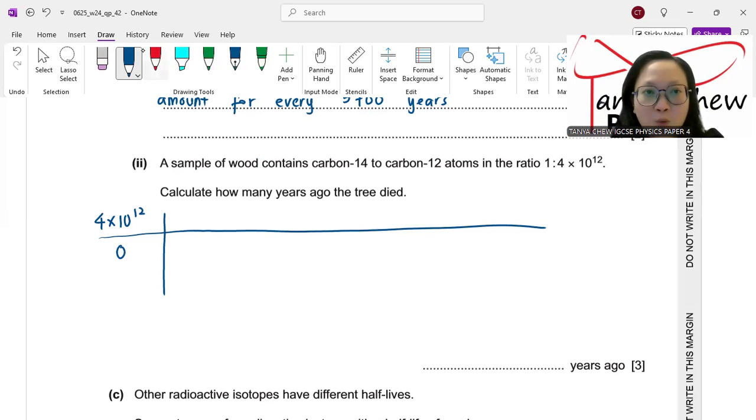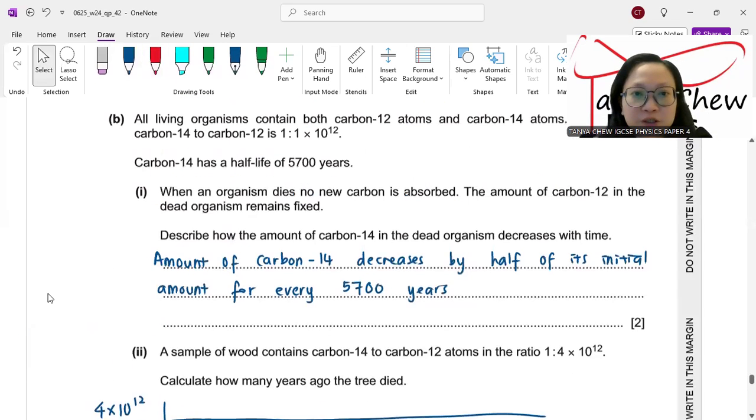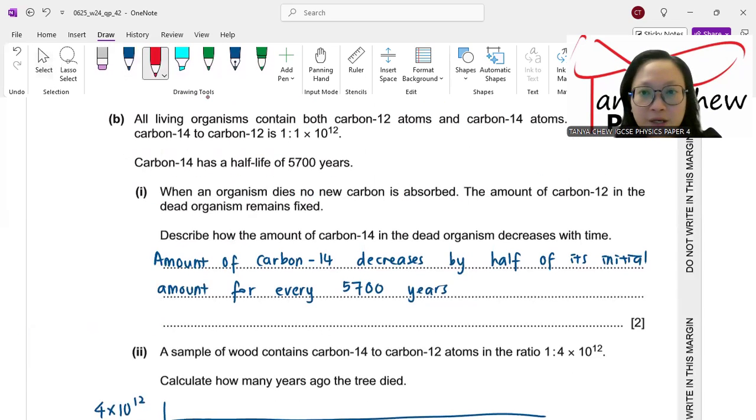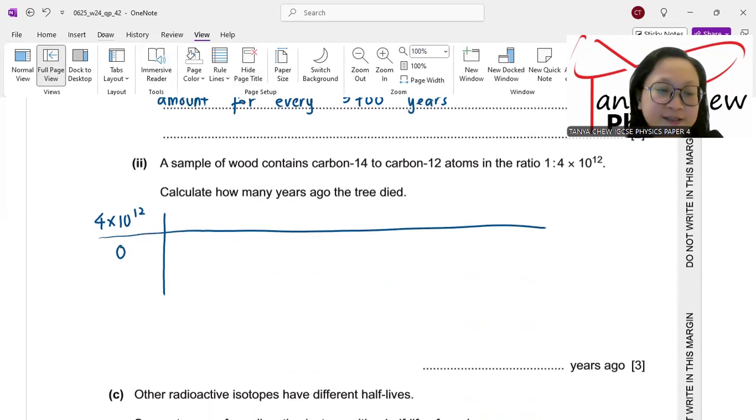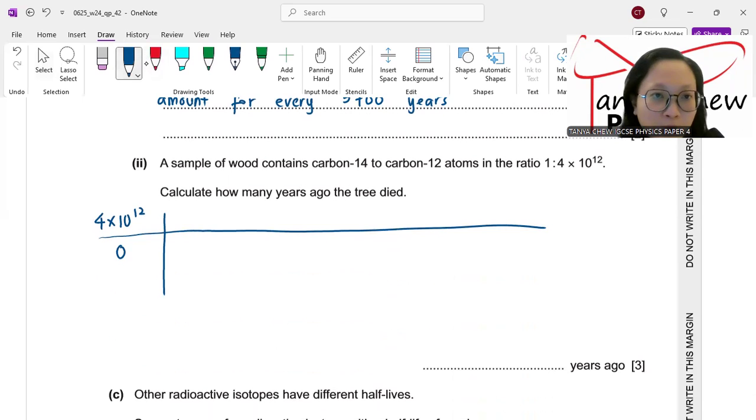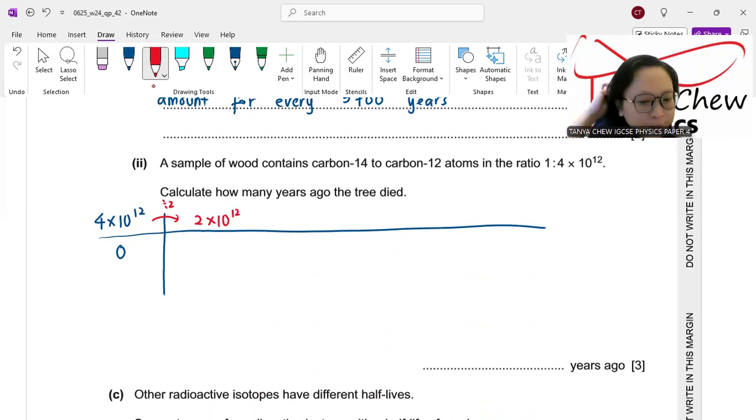Then when it decays, because the question did mention that the amount of carbon-12 in the dead organism remains fixed, the one that will undergo the decaying process is carbon-14. So you divide by 2, because it decreases by half of its original value, and I get 2 times 10 to the power 12.